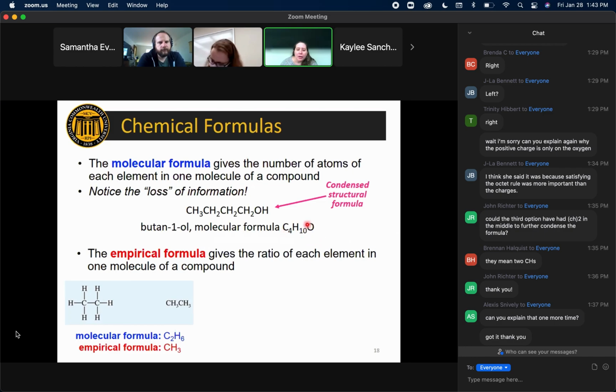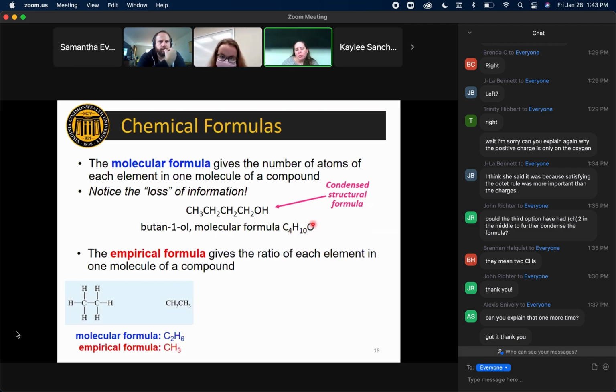Also I want to point out, there is not just one way to arrange the atoms in this molecular formula, right? In the condensed structural formula, I know that all 4 of those carbon atoms are in a row and that the oxygen atom is after that. In this molecular formula, I have no idea. They could be branched. The oxygen could be on the second carbon. This does not specify.